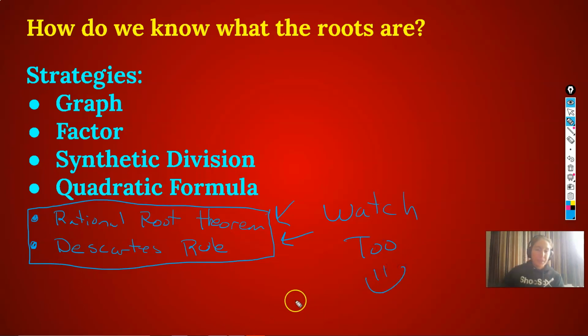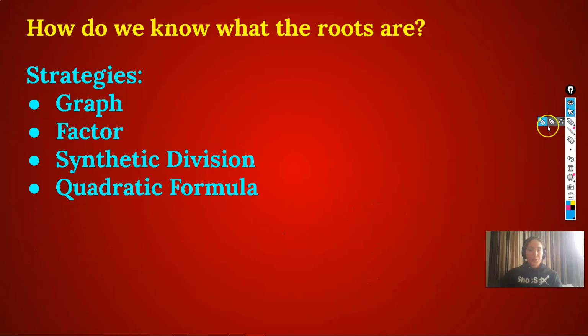That'll give you a little more information. So the full list of strategies that we could employ would include the rational root theorem as well as Descartes' rule. But this video is designed to be more simple, so we're not going to go over those. We're also not getting into super high powers of polynomials either. But just to know, the full list would include those too. So let's do 2 examples.